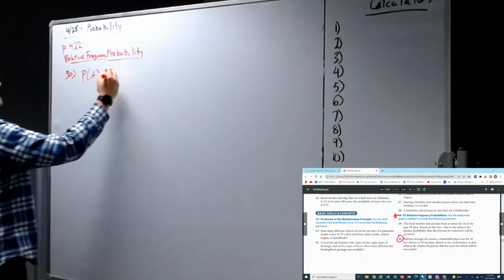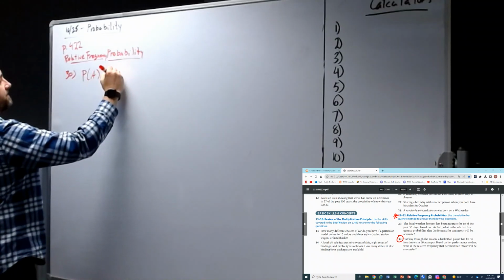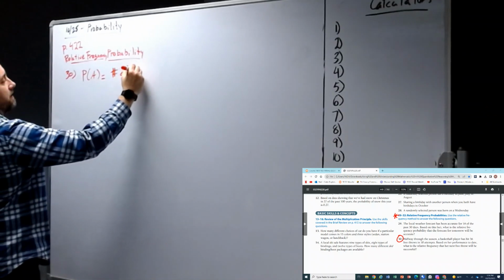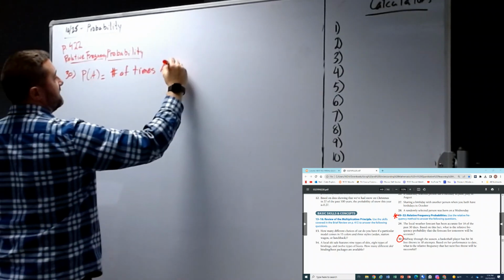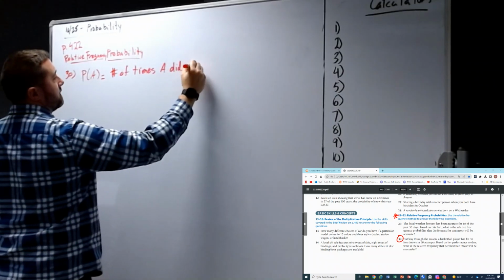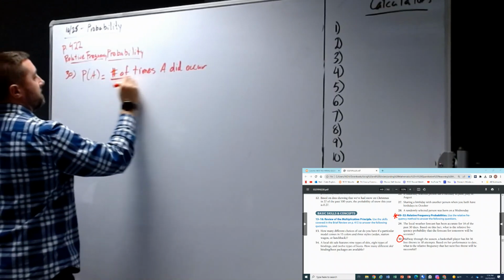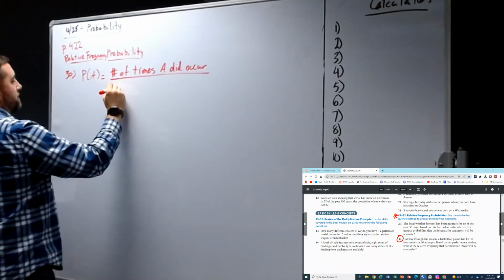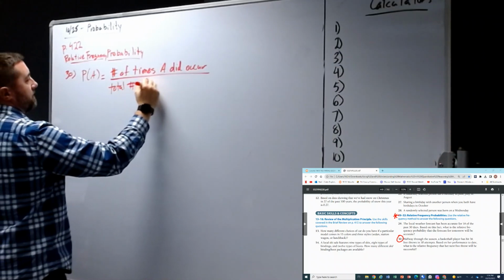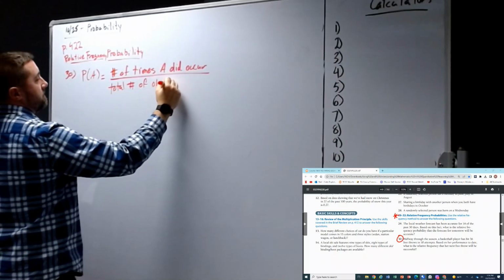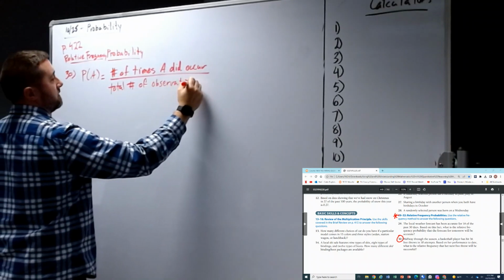So the formula, that's why it's written as number of times A did occur divided by the total number of observations. All right.